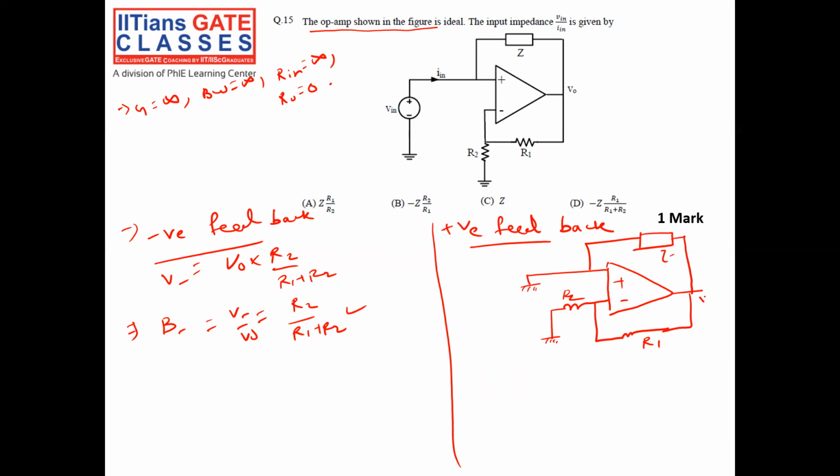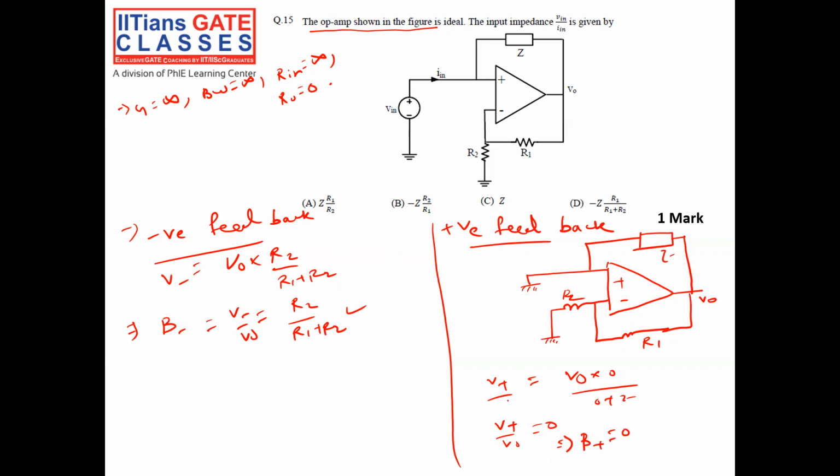We could see what V positive is. V positive is equal to V0 into 0 by 0 plus Z, since the resistance is 0. So V positive by V0 is equal to 0. That implies the positive feedback factor beta positive is equal to 0.